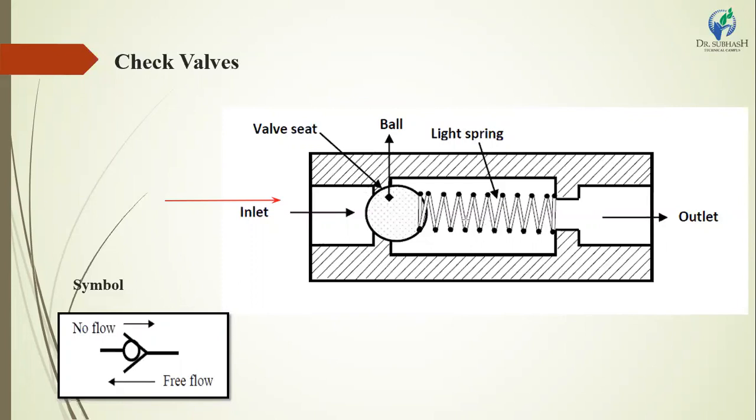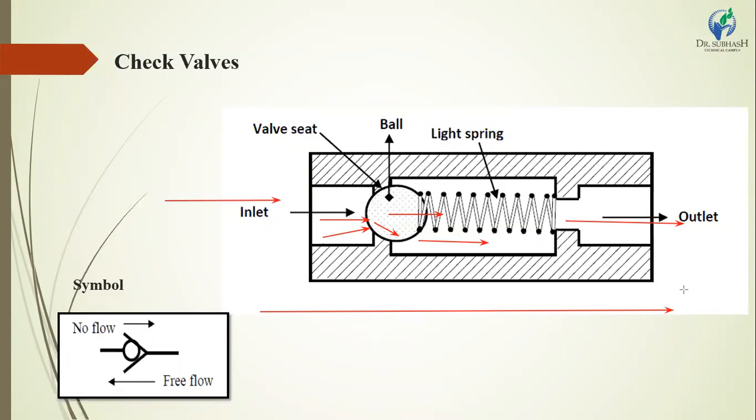It will not allow the working fluid to flow in the other direction. The oil flows from the hydraulic pump from this side. The pressurized fluid creates pressure on the ball, and the ball moves from left to right and the spring is compressed. At this time oil can pass this way and exit from the outlet. This means the working flow path through the check valve is from the left side to the right side.